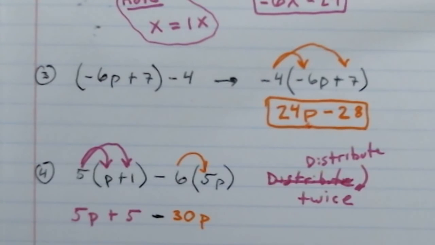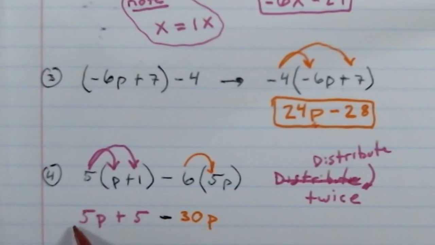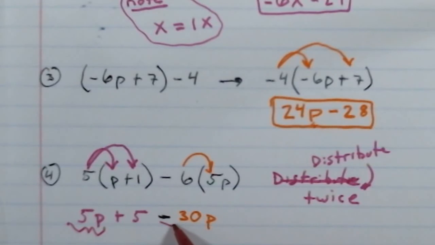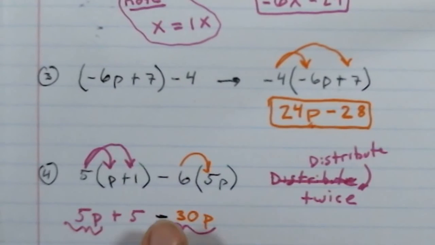Now, do you see how we can actually put these two together? I hope that you understand that there's 5 of these and there's negative 30 of those. How can we combine those? Well, we have 5p here, we have negative 30p. So you're going to say, what's 30 minus 5?